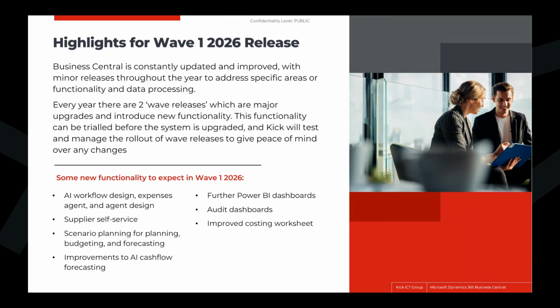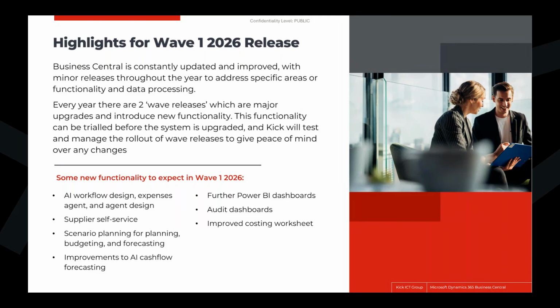Scenario planning with planning, budgeting, and forecasting. So it's great to see a focus going back onto the budgeting and forecasting capabilities, because whilst it's not specifically a gap, Business Central does do budgeting and forecasting and powerful reporting against both of these comparisons. We haven't had scenario planning in the past.